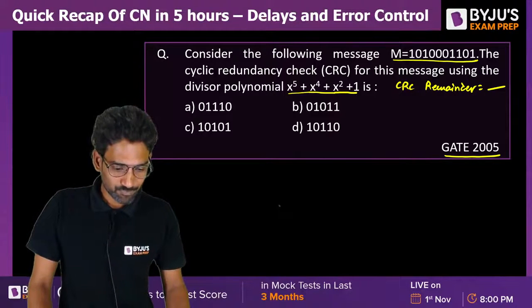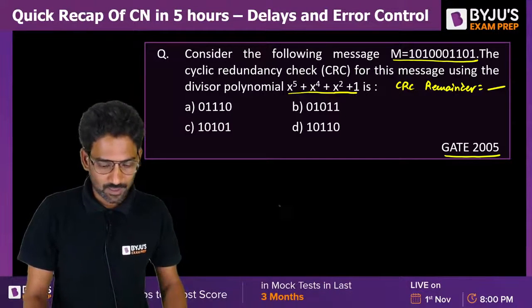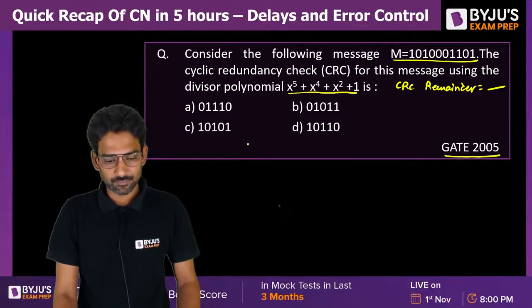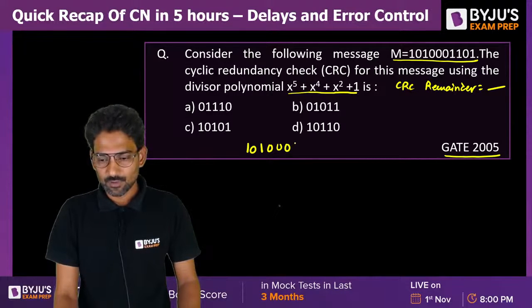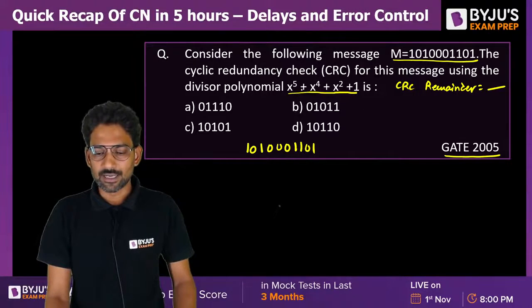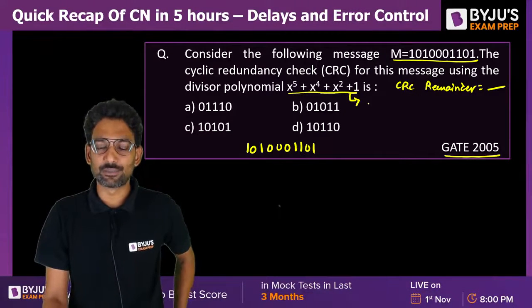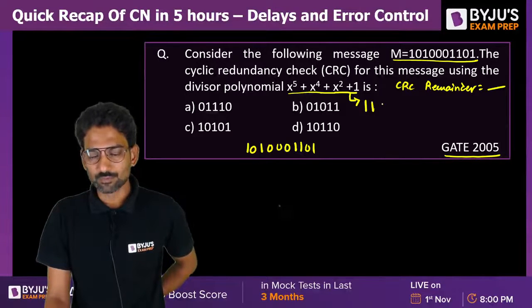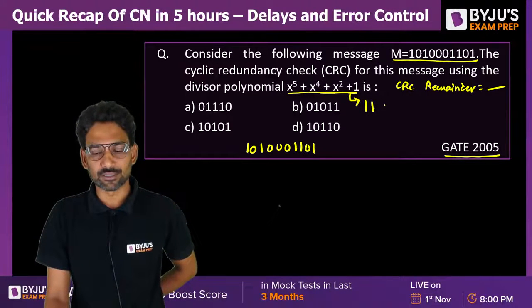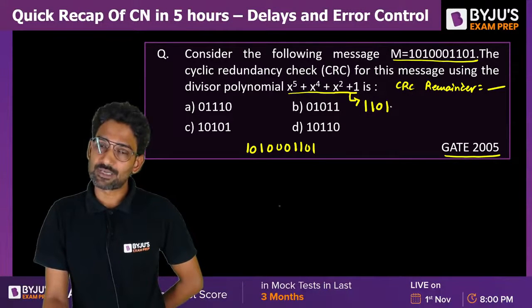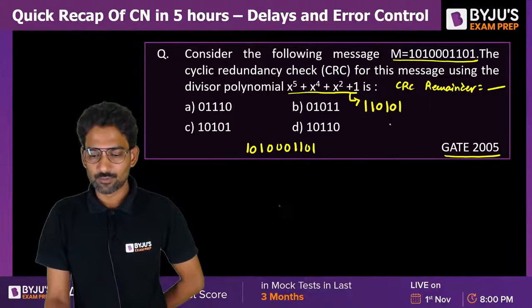Okay, fine. So guys, what is the answer for this? 101001101 is the message, and x power 5 plus x power 4 plus x square plus 1, if you convert into binary, 1 into x cube is not there, so 0, 1 into x square, 1 into x power 1 is not there, so 0, 1.